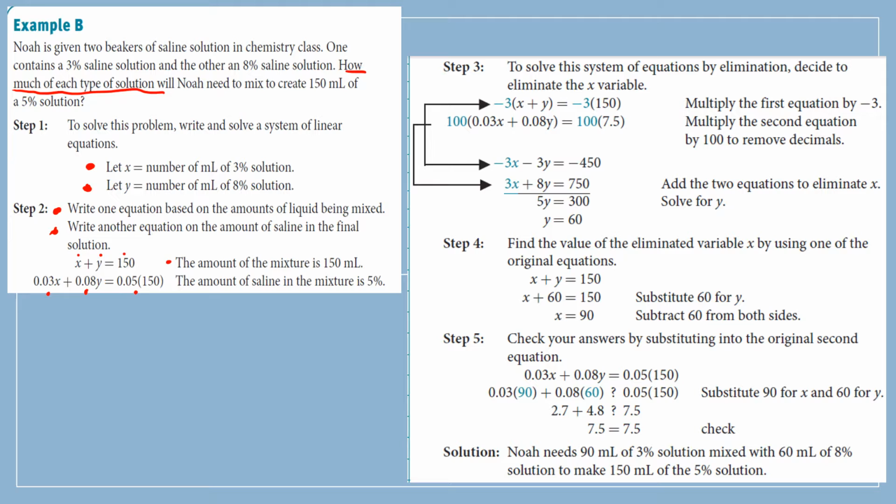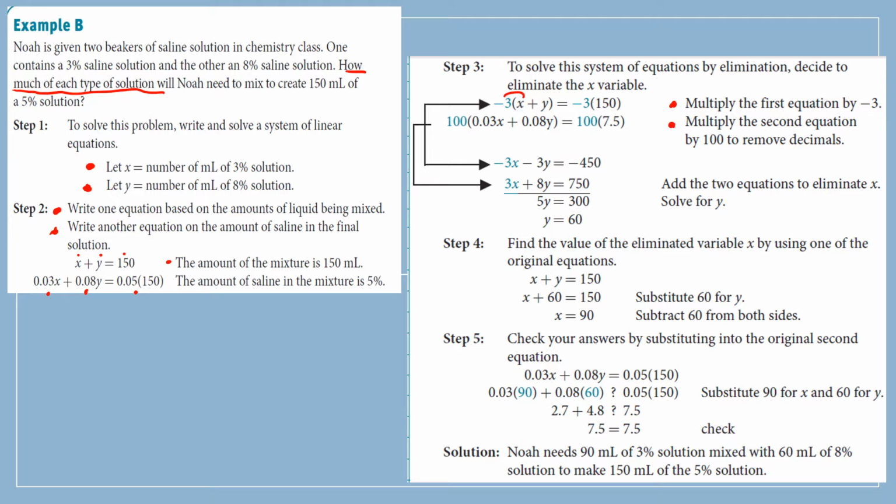Then we're going to solve it by elimination, and it looks like they're deciding to eliminate the x variable. So we're going to multiply the first equation by -3. That'll give me -3x. And then we're going to multiply the second equation by 100. That'll get rid of 2 decimal places, and I'll have plain old 3x.